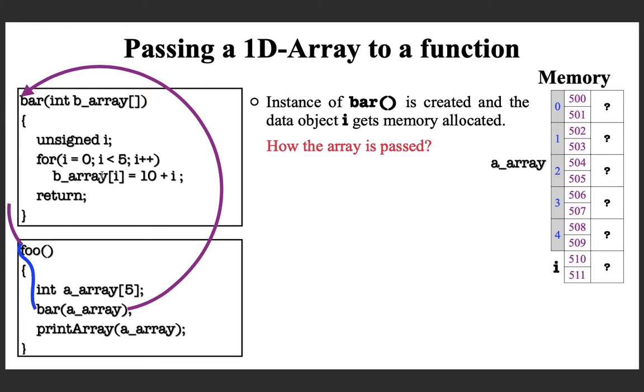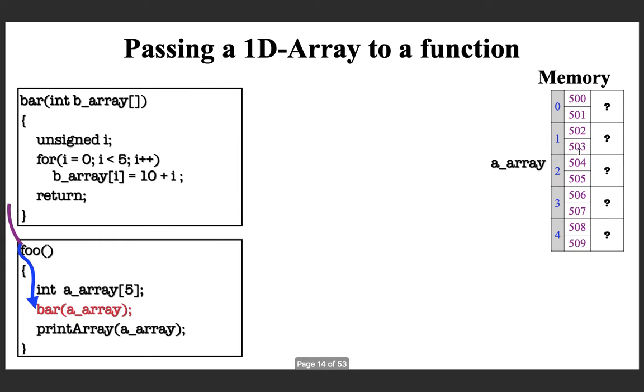So here I am claiming that when the instance of bar is created, only I is getting memory allocated. That means the formal argument to receive an array is not getting any memory allocated. You can see that previously this was what this particular program got allocated in memory.